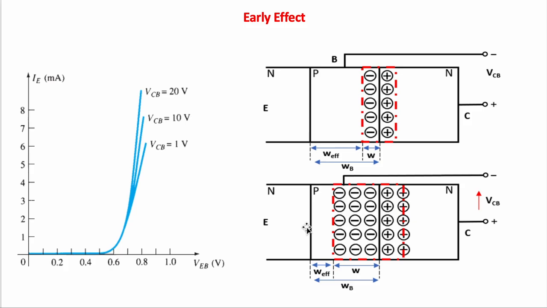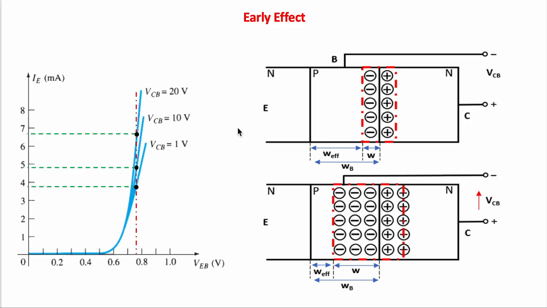The decrease in this region allows more electrons, because the electrons coming from the emitter will pass through the base very easily, since there's just a small portion of the base left. So more electrons pass through the base and reach the collector.